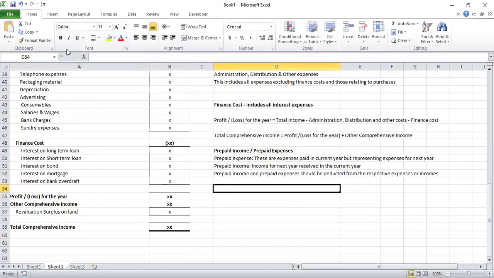Right. Then we can also have accrued expenses or accrued incomes.